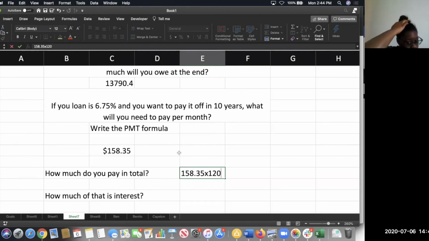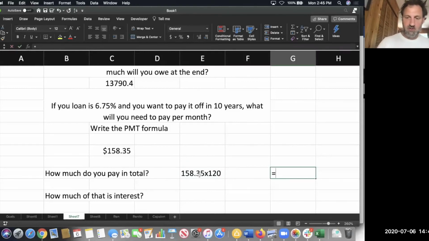Perfect, because you do it every month for 10 years, right? So 10 times 12, that's 120 months. And then that's the number that you need to multiply your payment by, because you're doing it every month for 10 years. All right, well, let's take a look at what that equals. 158.35 times 120, there, $19,000 total.